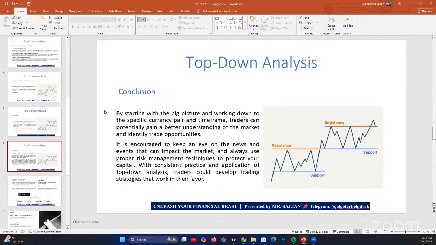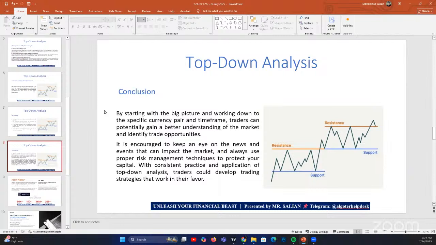Okay, so the conclusion. By starting with the bigger picture and working down to the specific currency pair and time frame, traders can potentially gain a better understanding of the market and identify trade opportunities. It is encouraged to keep an eye on the news and events that can impact the market. As you know, there's always high impact news.